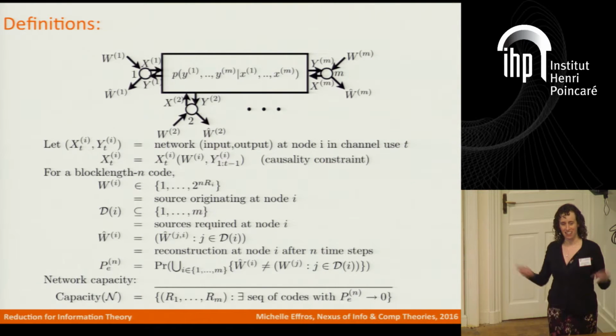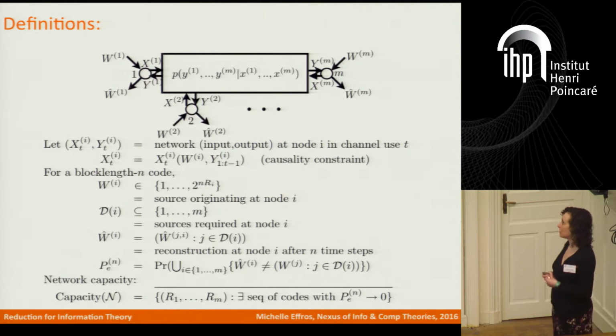Think of m as large as you want. Maybe you have 1 billion nodes in your network because you're worried about delay in the internet. At each time t, the inputs and outputs at a particular node i are given by x_t and y_t with a superscript of that i. So i here denotes the node, and t denotes the time for that particular input and output.